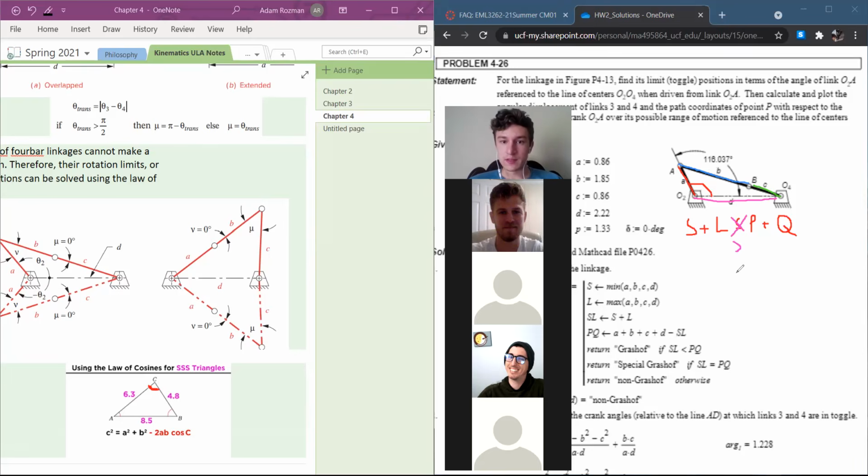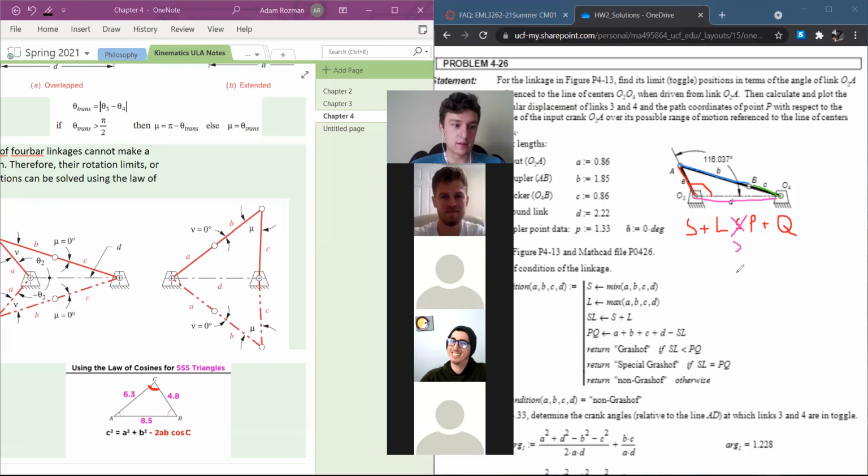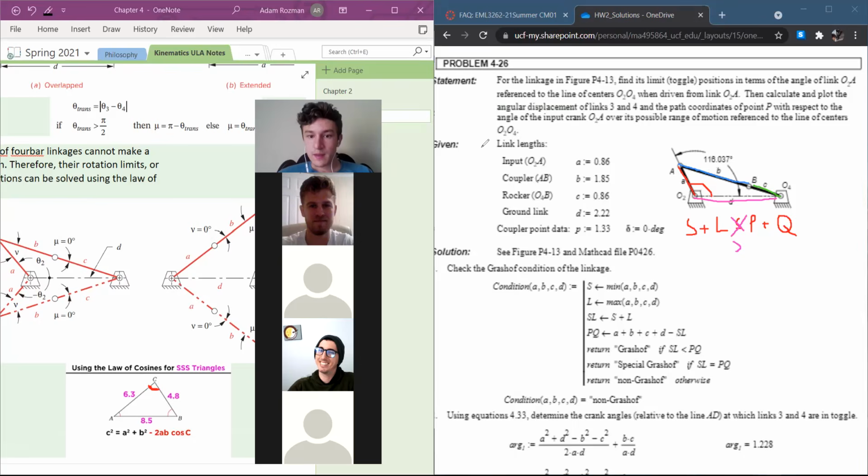So we can say theta 2 is given on the diagram. I don't think this is given in the question, because yeah, I think they just give you the angles and the link lengths.